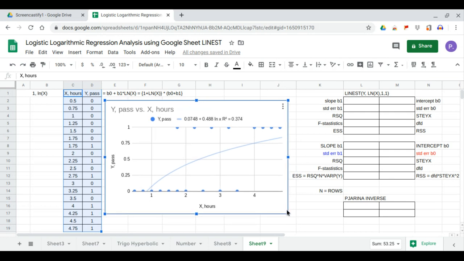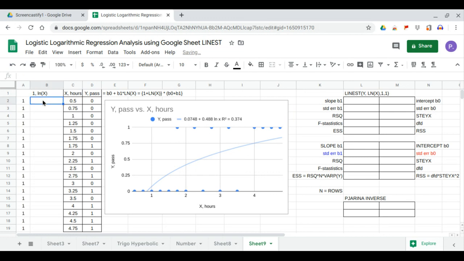We will use the LINEST function, but before we do that, we have to convert the x value into the ln x form. So we need the 1 and ln x matrix. We begin with the 1 column, followed by the ln x column, which is an array formula, ln of the x values.